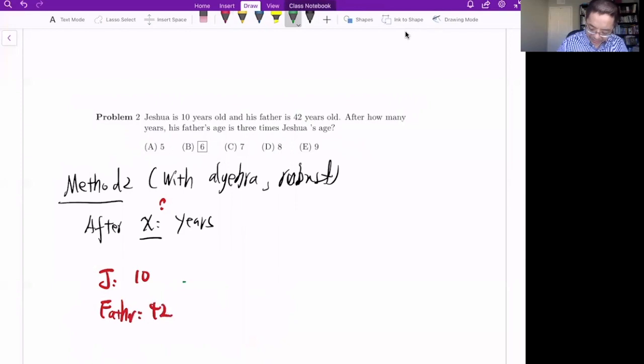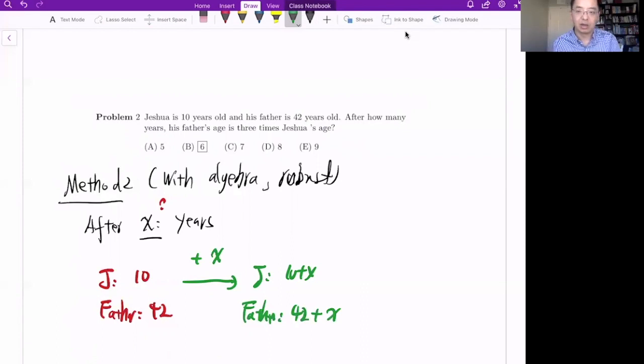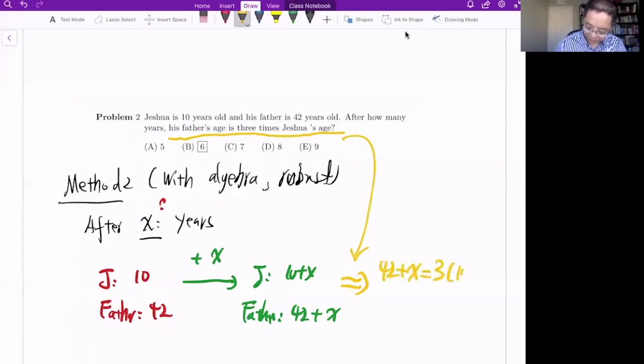Now after x years, Joshua becomes 10 plus x, and his father becomes 42 plus x. There's no trick here, everything's very standard. Now we just use the condition: his father's age is 3 times Joshua's age. So we get 42 plus x is 3 times 10 plus x. So we get an equation.